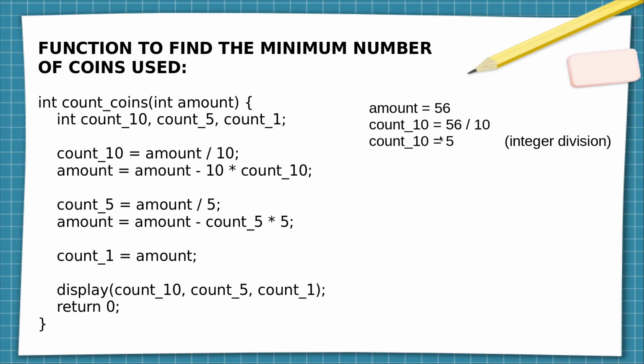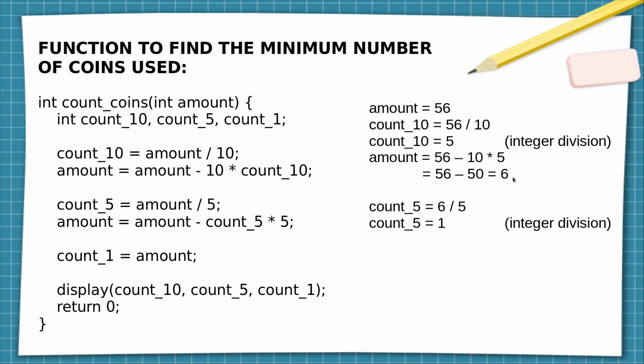Now let's calculate the remaining amount which we have to pay using the coins of denomination 5 and denomination 1. So the remaining amount will be 56 minus 10 times 5, so that is 6.